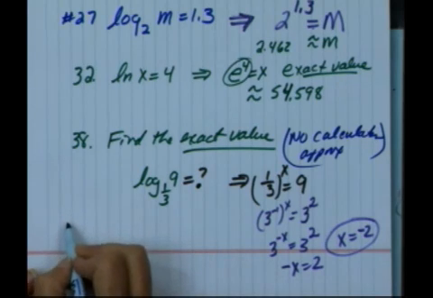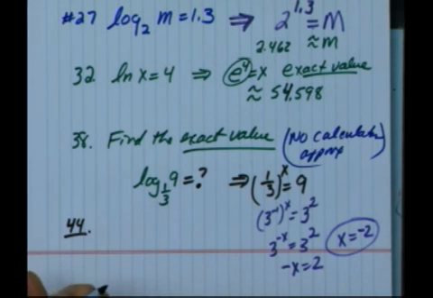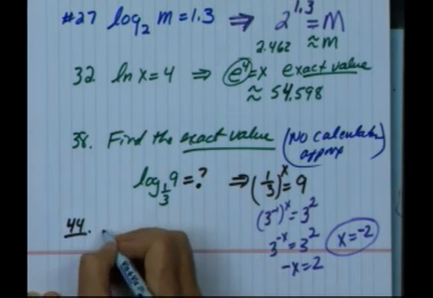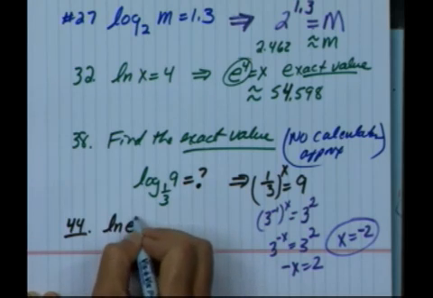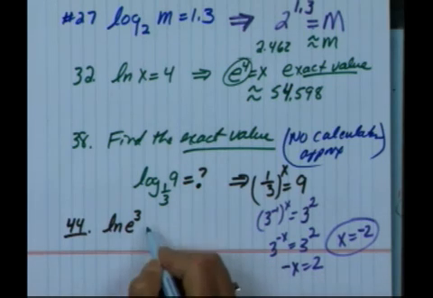The next one is number 44. Same instructions, find the exact value of the natural log of e cubed without using a calculator. Exact values without a calculator. All right, so we're going to go, what is this equal to?